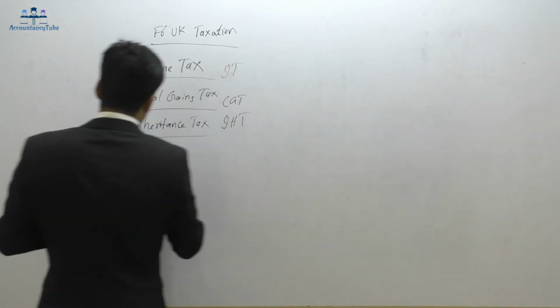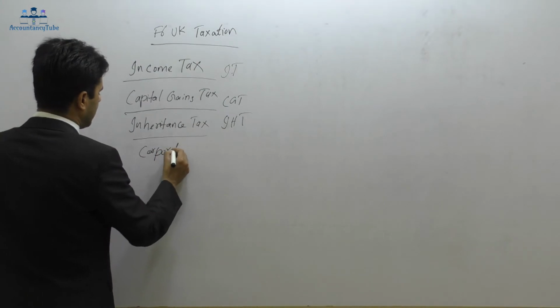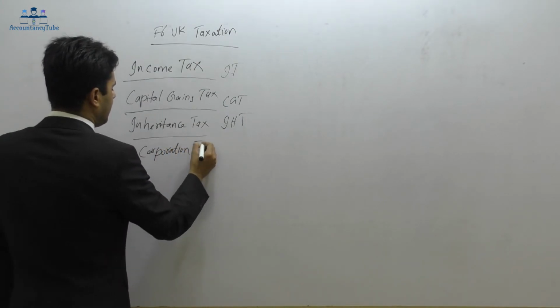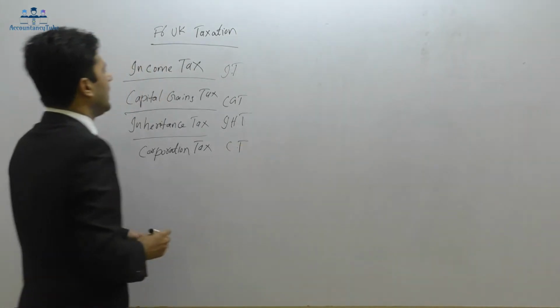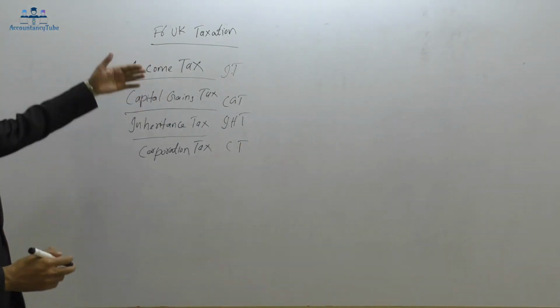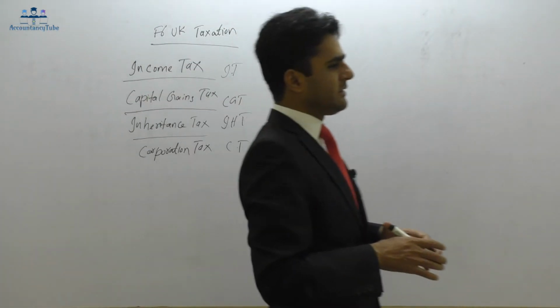All right. Another important one after the inheritance tax is called corporation tax. That is also very, very important and very comprehensive as well, CT. Now, most of the things in income tax and corporation tax are more or less the same.